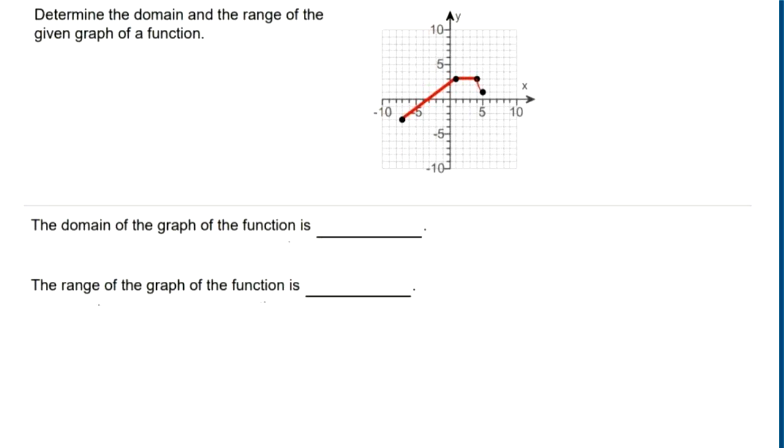Sometimes they want us to find the domain and range of a function. So when I look at this graph, I want to find the domain and the range. And we know that the domain is all your x coordinates, or your x values. And then we know the range is all your y values. For the domain, you have to start on your left side, all your x values.